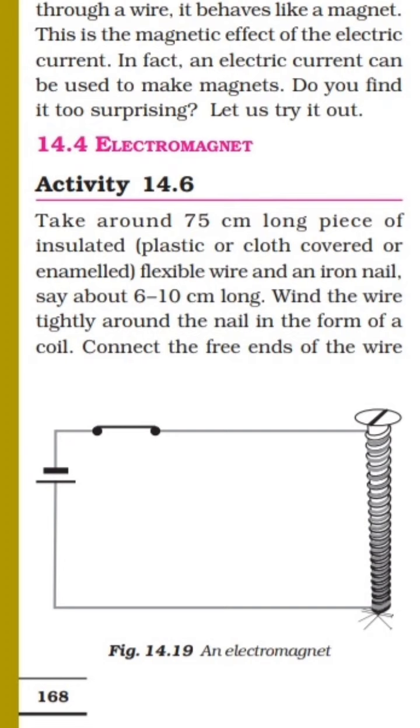Activity 14.6. Take around a 75 centimeter long piece of insulated plastic or cloth covered or enameled flexible wire, the material which will not be affected by the heat, and an iron nail, say about 6 to 10 centimeter long.